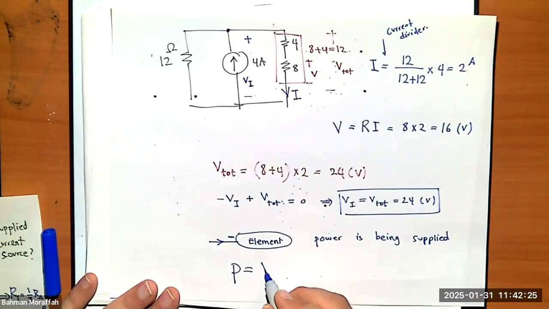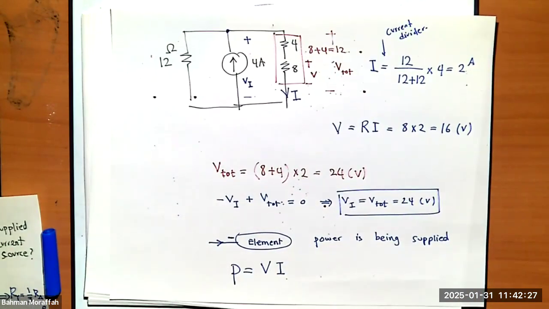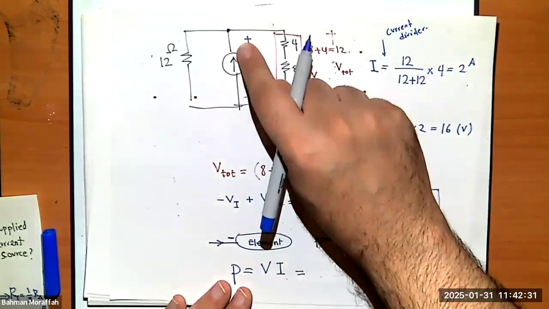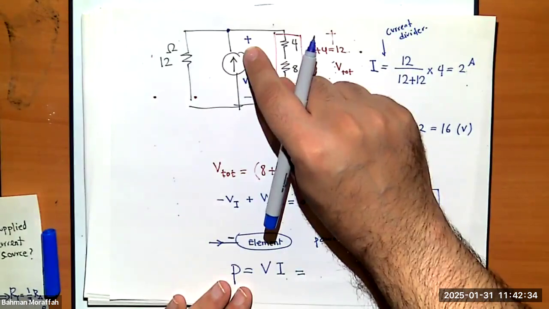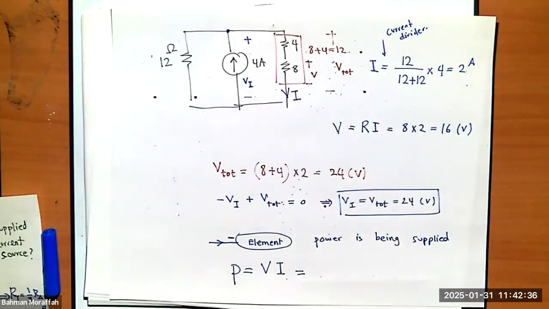I have P equals VI. I already know I. What is I here? 4. But what is V? It's negative 24, because we're seeing the negative sign first.